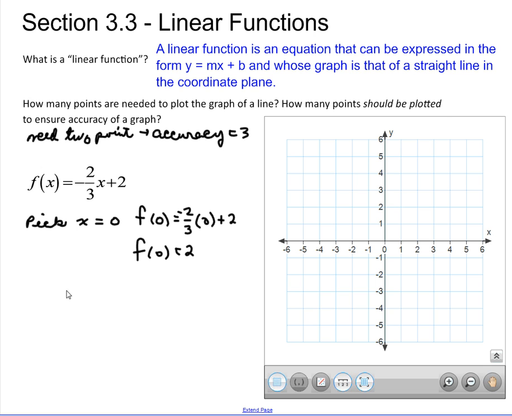How about some other points besides 0? That's an easy one. For me, the best way to choose a point would be to look at the denominator. If you've got a fractional multiplier for x, look at the denominator. In this case, the denominator is 3. So we should pick points that are multiples of 3 if we are going to choose many points.